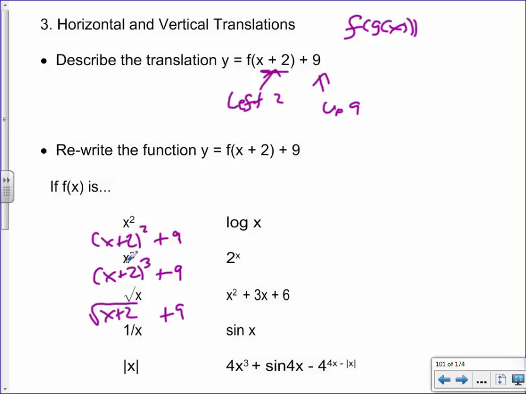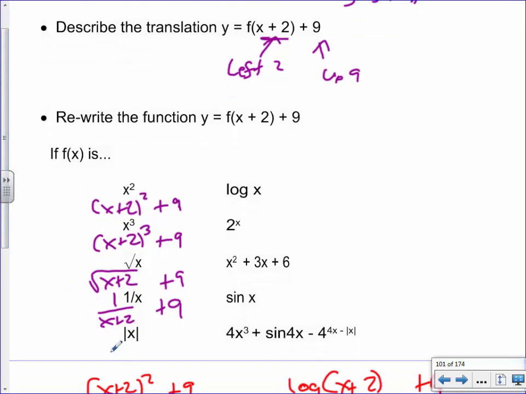Does that make sense? Like we're putting something inside of something else. That's why I wanted to show you that notation first. Anybody want to take a stab at this one here? And then make sure you're done with the fraction, then add 9. Good. I'm running out of a little bit of room here. This would be the absolute value of x plus 2, then add 9.